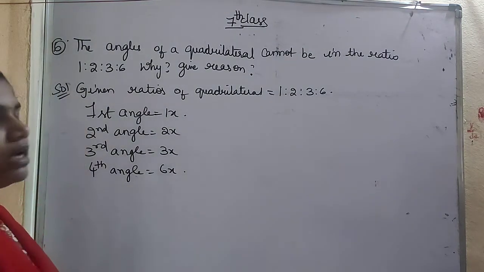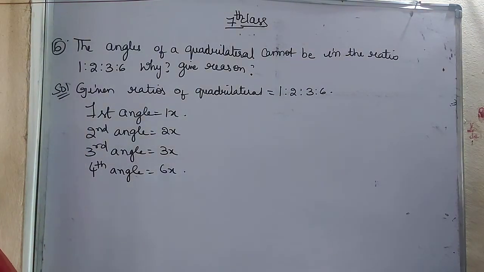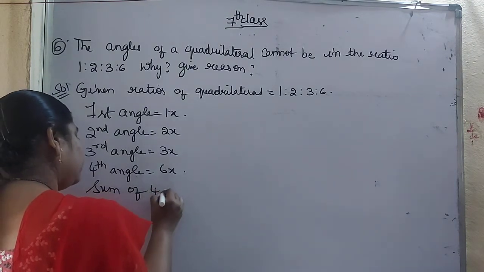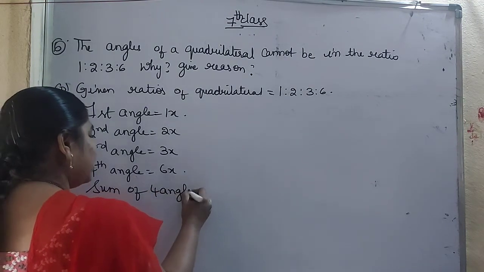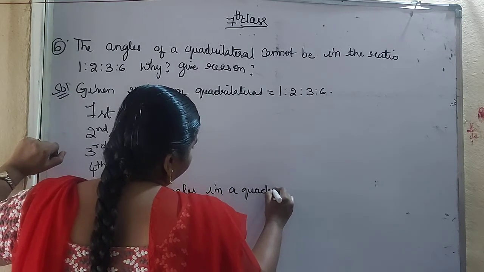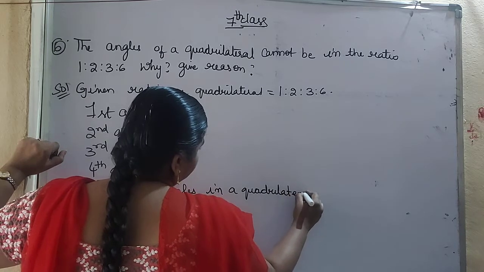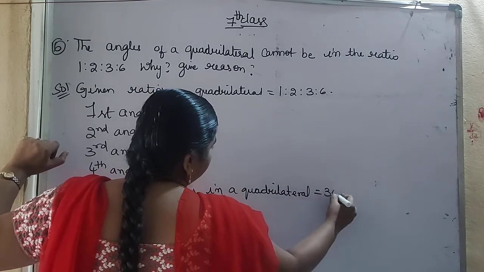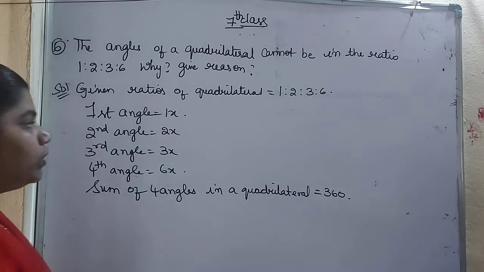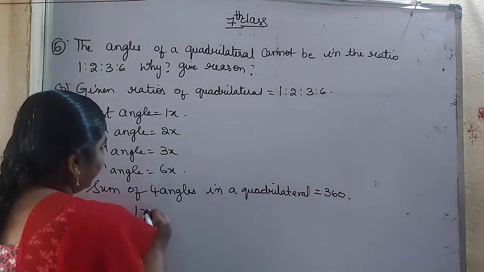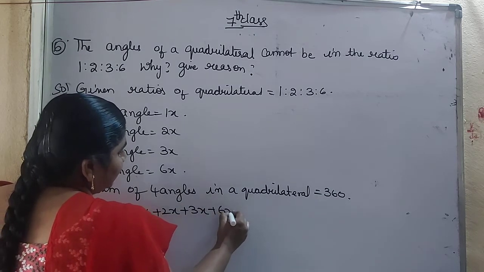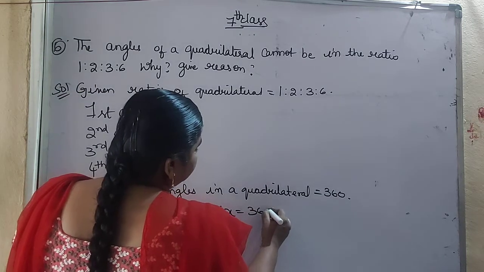So we know that the sum of the 4 angles in a quadrilateral is equal to 360 degrees. That means if you add all the values, that should be equal to 360. That is 1x plus 2x plus 3x plus 6x should be equal to 360.